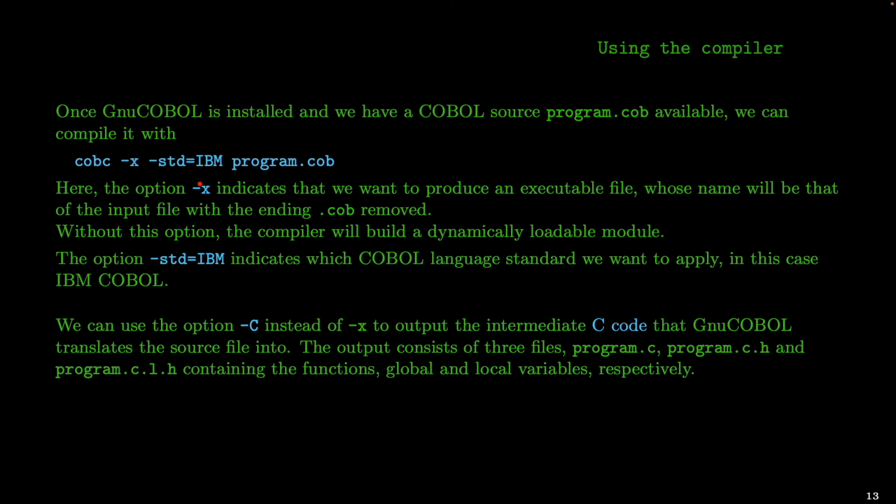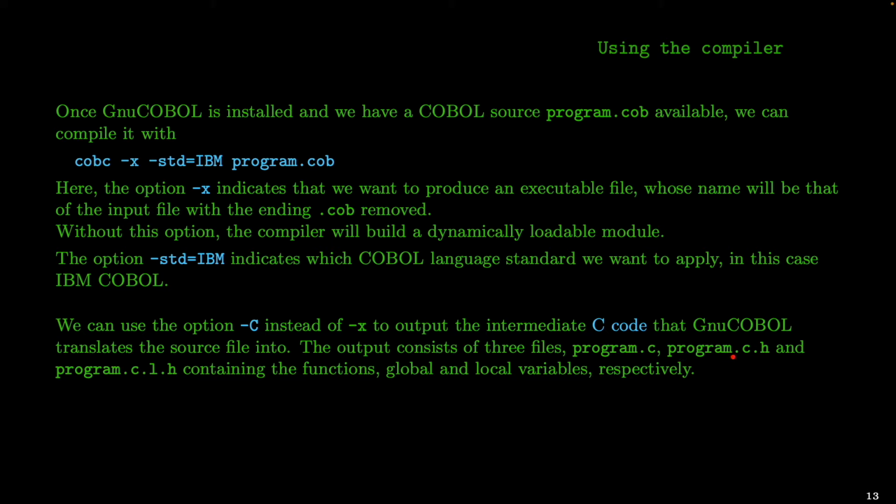You can replace the -x by a -C, and in that case you would actually get the intermediate C code that GnuCOBOL produces. So that's also very interesting to see how the COBOL code gets translated into C code. And in this case you get 3 output files, namely program.c, which is just the corresponding C program for your COBOL program.